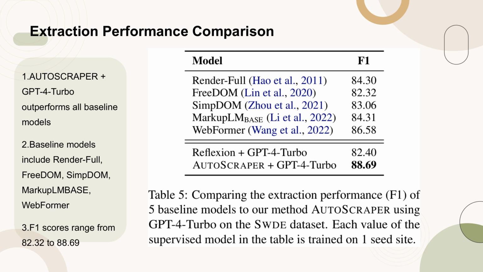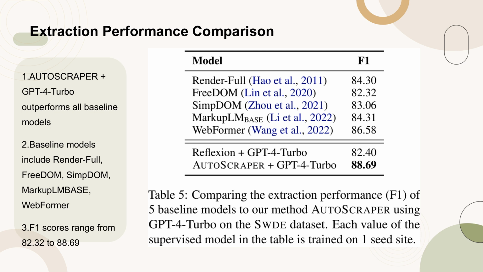Despite being in a zero-shot setting, AutoScraper outperformed all baseline models, demonstrating that with an appropriate framework, large language models can surpass supervised learning methods in certain web information extraction tasks. The F1 scores for the models range from 82.32 to 88.69, with AutoScraper plus GPT-4 Turbo achieving the highest score of 88.69.